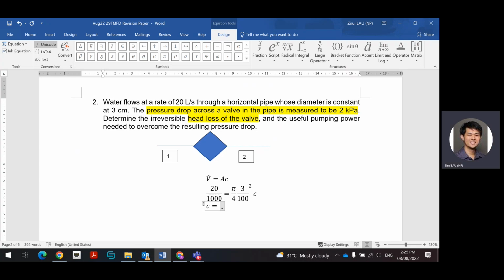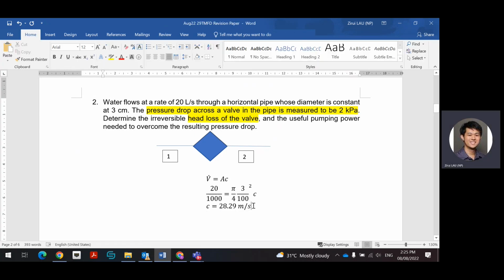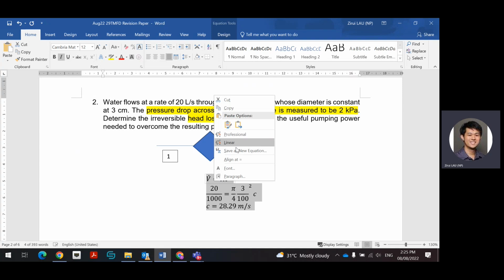So come, let's find out the velocity. It is 28.29 meters per second. Very fast. Let me check the answer, make sure it's correct.